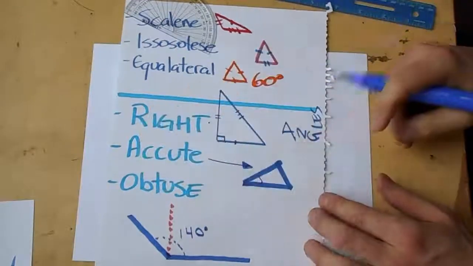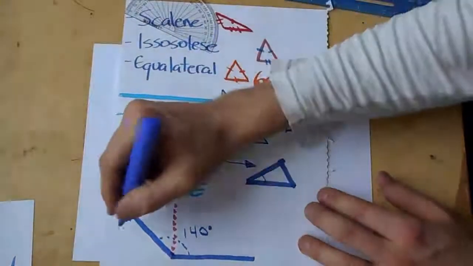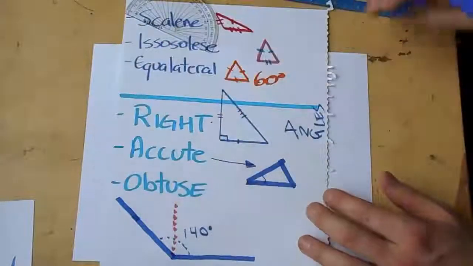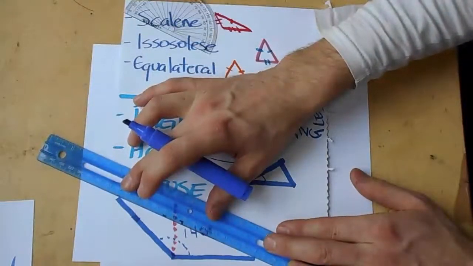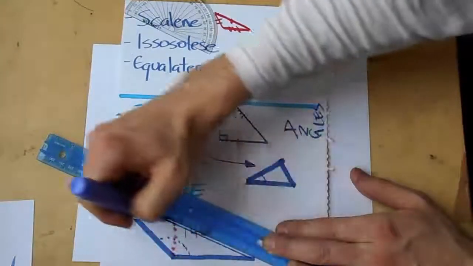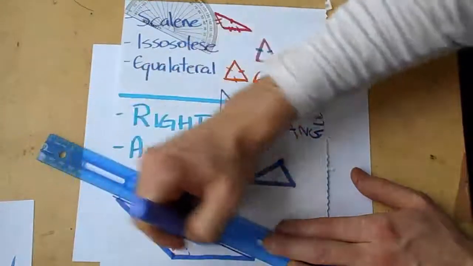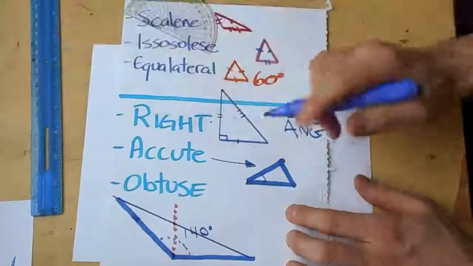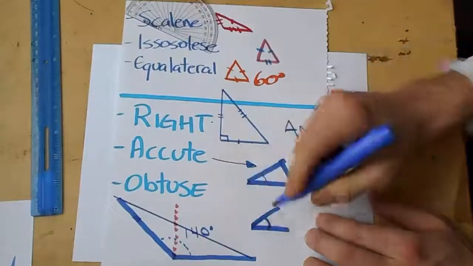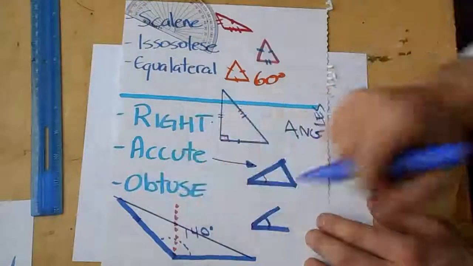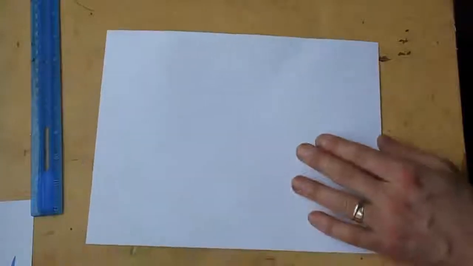So I know that triangle is going to be an obtuse triangle if I connect the two edges. Interestingly enough, if you don't connect, what you have is an obtuse angle. So anytime we have two lines that meet, this is just called an angle. The triangles are when we connect those two sides. So those are the main things that we're going to be doing on our project.